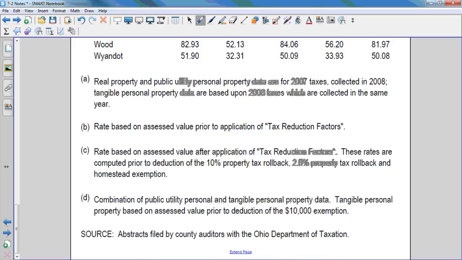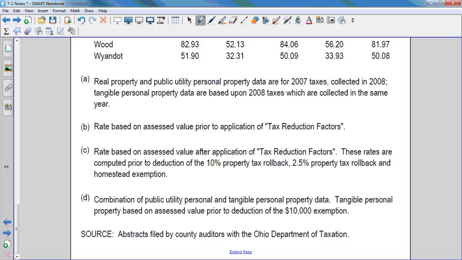Gross rate is based on assessed value prior to the application of tax reduction factors. So sometimes if you get a tax break, the gross rate is before tax reductions. The C rate is based on assessed value after application of tax reduction factors.